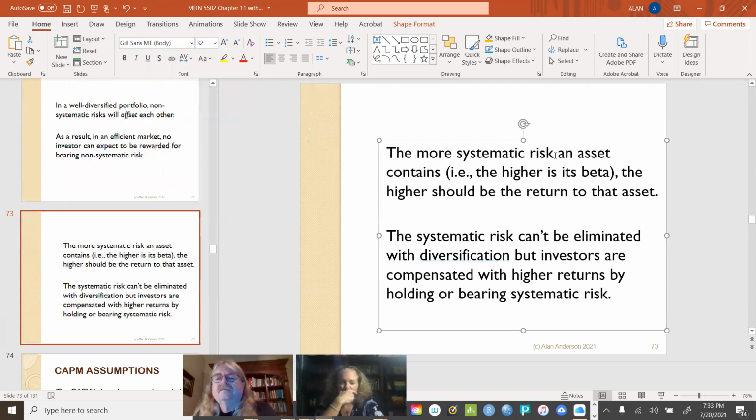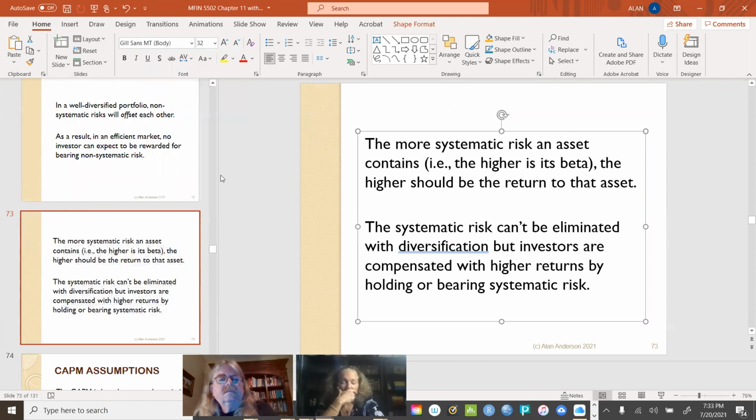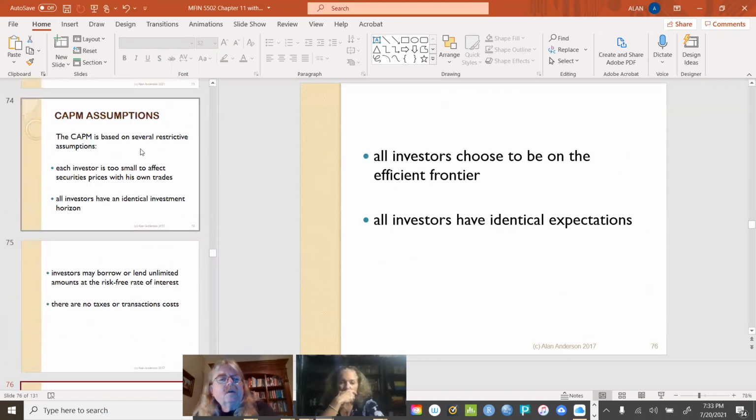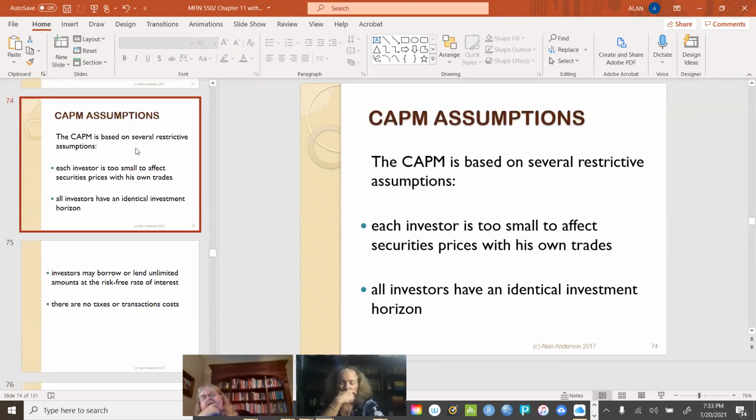Now, there are several assumptions. In order to derive these results, the creators of this model had to make a lot of very strong assumptions, and you'll see that many of them are actually not very good at all. For example, this one, it's not that terrible.